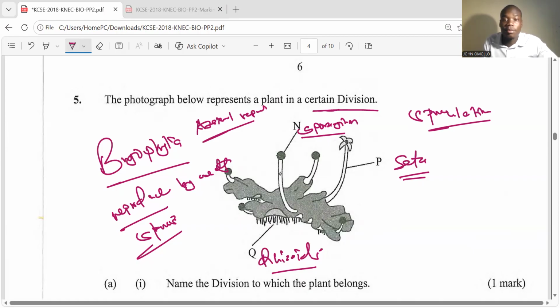So spores are here. Once the spores are matured, the capsule bursts, releasing the spores into the environment. And then upon receiving favorable factors within the environment, the spores grow back to the parent plant. So that is sporulation. So let's dive to the question.